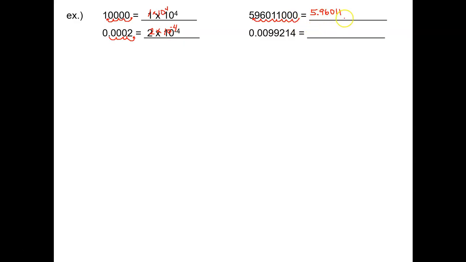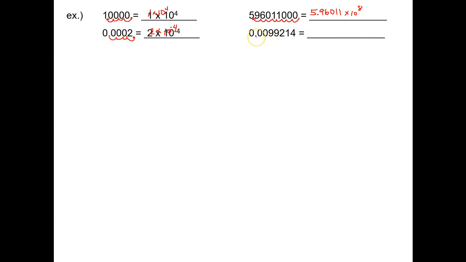But I got to write all of those numbers, and then I got to let somebody know how many total places did I just move. So I just moved this 1, 2, 3, 4, 5, 6, 7, 8 places. And I know it's 10 to the positive 8th power because this number is way bigger than 1. All right?